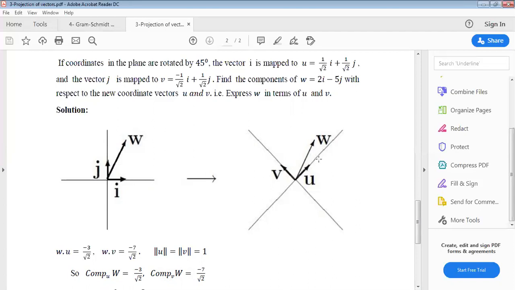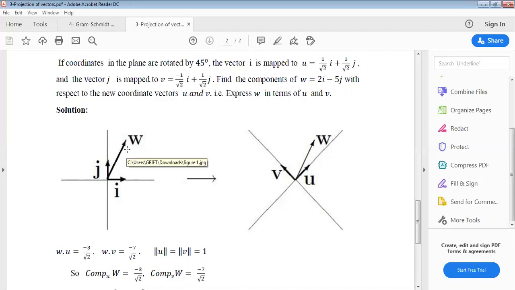Similarly, the j vector is also rotated, then we get minus 1 by root 2 i plus 1 by root 2 j. What is our vector w? This is our w vector, 2i minus 5j.